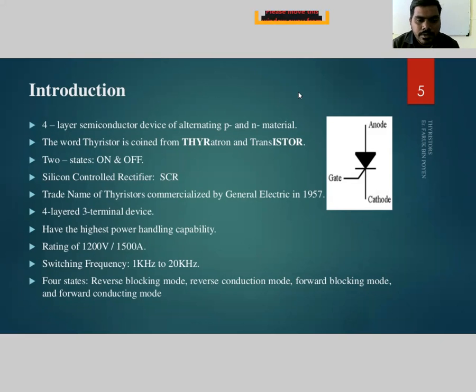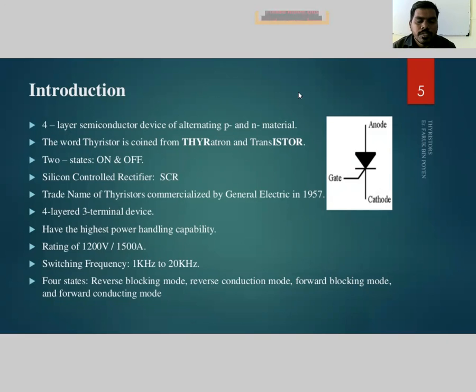There are four states in the SCR. We have seen in the previous video that there are four states: reverse blocking mode, reverse conduction mode, forward blocking mode, and forward conduction mode. Reverse blocking mode means it will block the reverse flow of the current. Reverse conduction mode means the current will flow in the reverse manner.